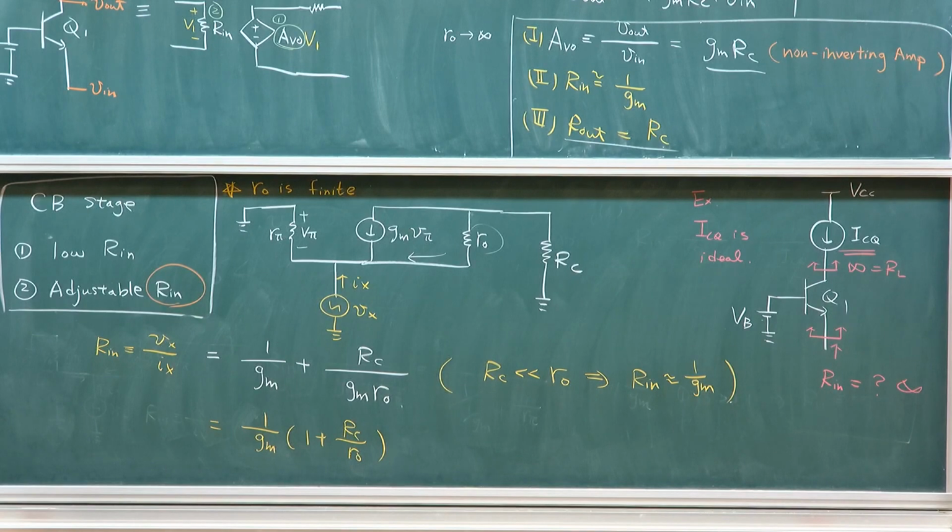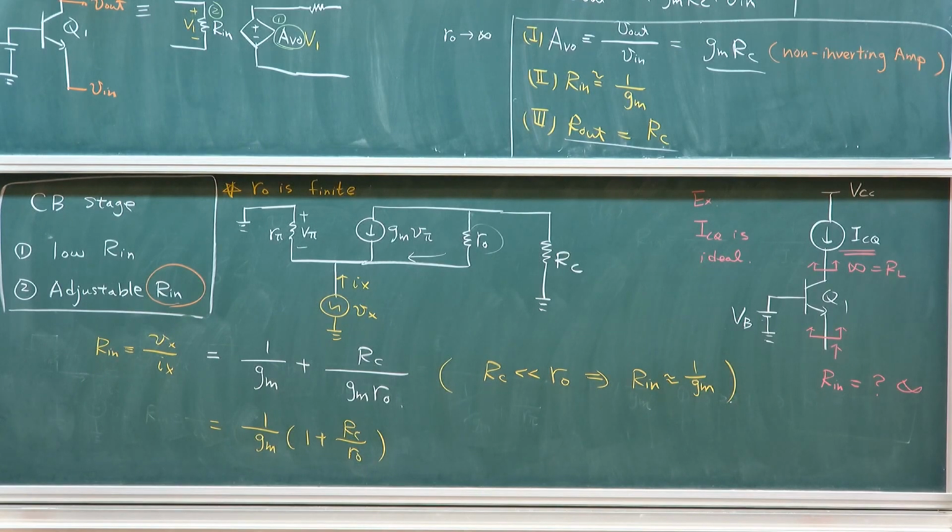This is the common base stage, and this is the situation we consider. First, we're assuming R out is infinite and no effect of RS. There's no source resistance effect. That's the most basic. We look for gain, R in, R out. Based on our finding in the first analysis, the gain is GMRC.